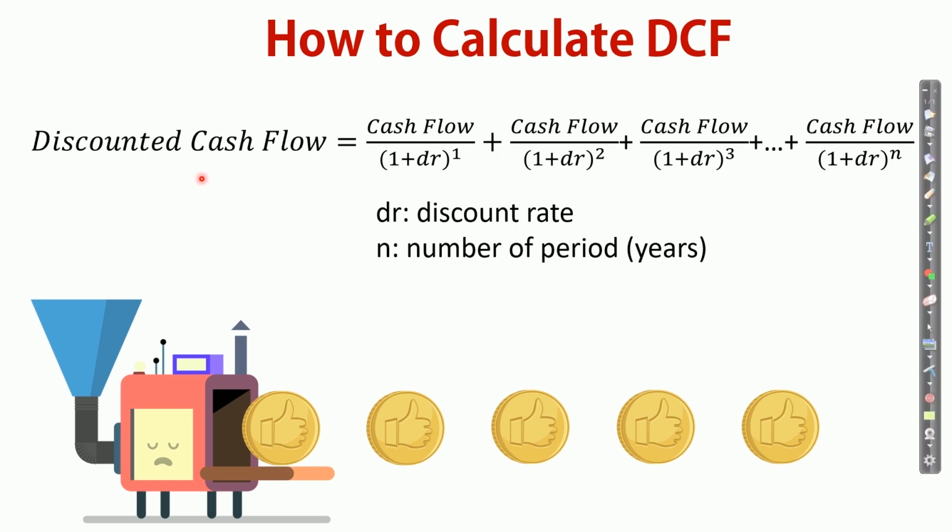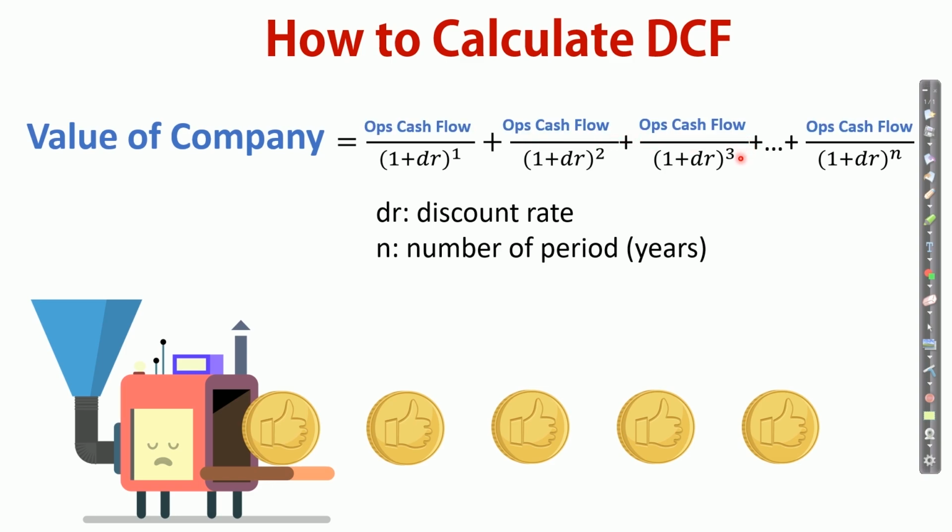To further explain my analogy, the discounted cash flow over here is simply the value of the company that we are evaluating. And the cash flow in this equation will be replaced by the operating cash flow of the company. In order to derive the intrinsic value of our company more accurately, we will have to do some simple tweaks to this equation.